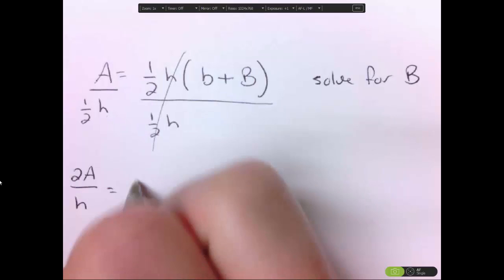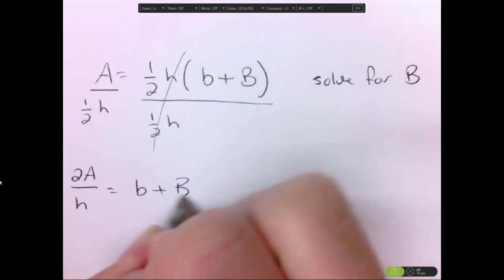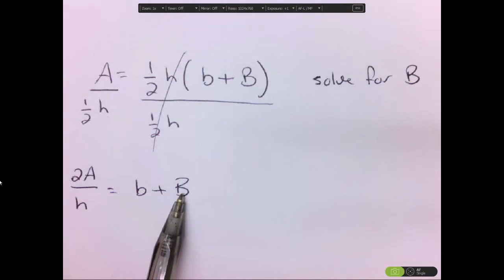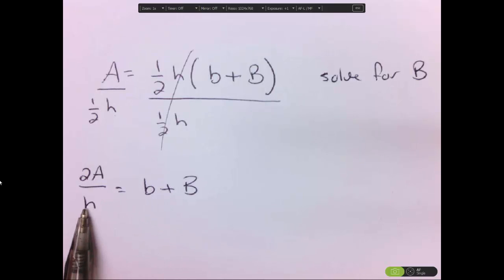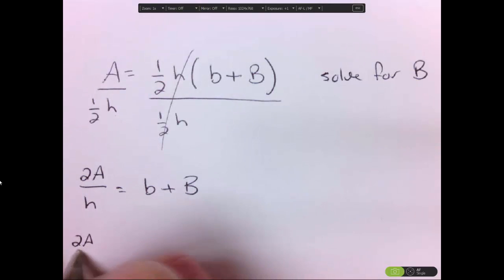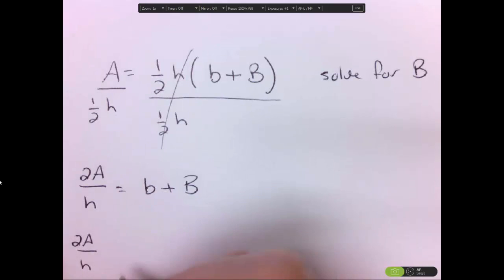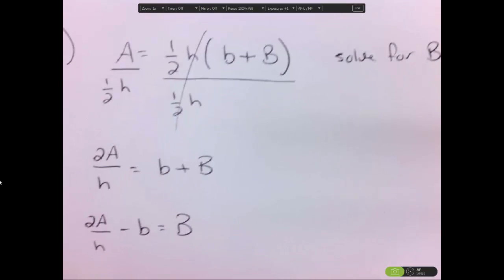On this side, you have b plus big B, and you have to solve for big B. Now, all you have left is to minus that positive b over to the other side. Remember, this is here first, and you're minusing this over. So you have to keep the 2A over H minus the little b equals the big B. And that's your final answer there.